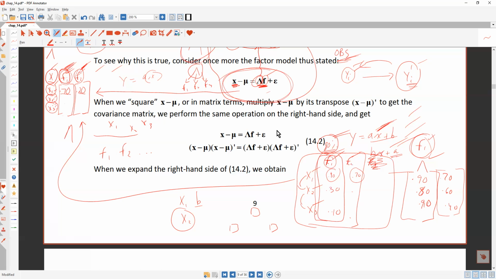It's a regression equation, only it's different from regression analysis, because in regression analysis, these aren't latent variables, they're observed variables.